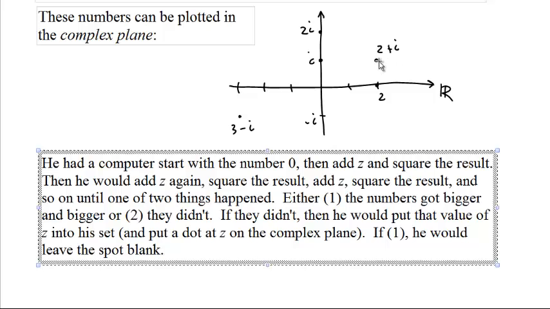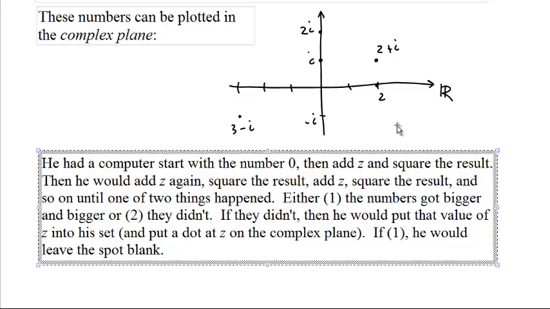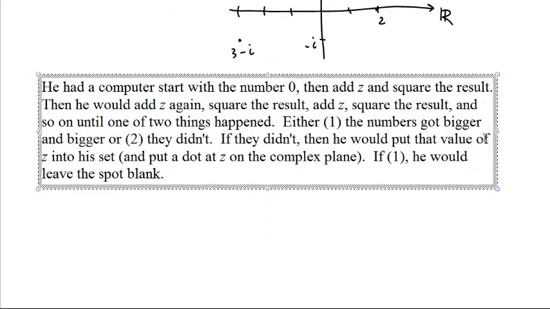If it doesn't get bigger and bigger, if by some chance, probably because of this weird squaring to be a negative number, it kind of hovers within a particular range, not getting too big, then you do put a dot there. And when he first ran this computer program to see what the dots would look like, it was this smear on his computer, and he thought something had gone wrong. No, he had discovered something pretty freaking cool.